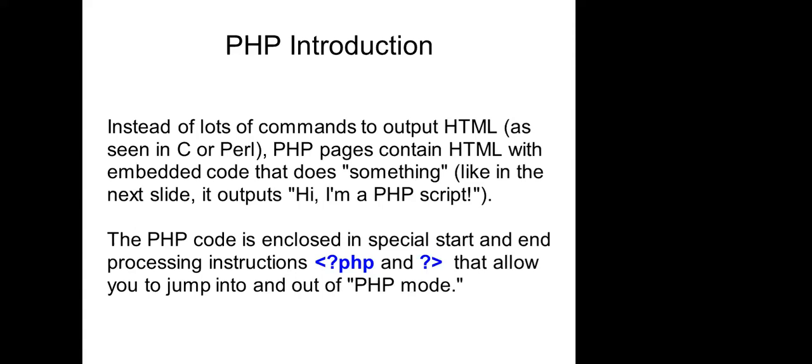Wherever we have to write PHP code in an HTML program, we have to use one tag. What is that tag? It is the PHP tag, highlighted here in blue.